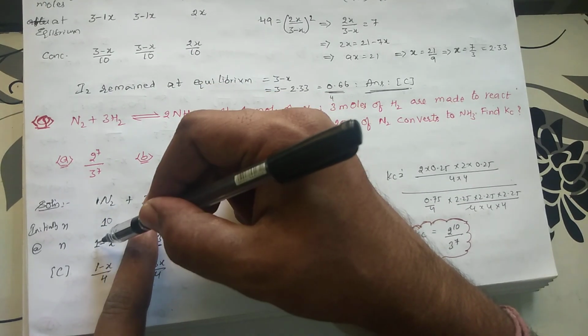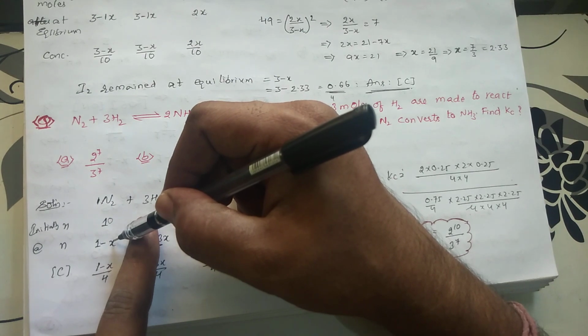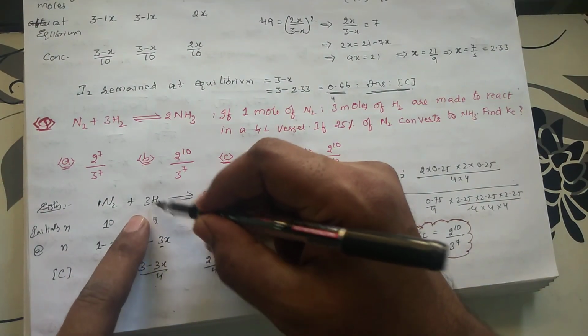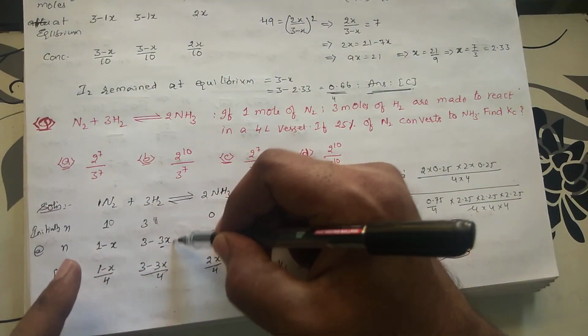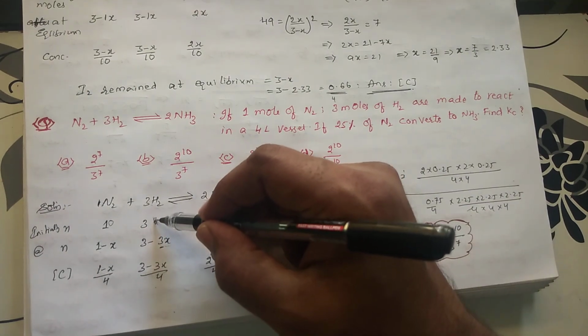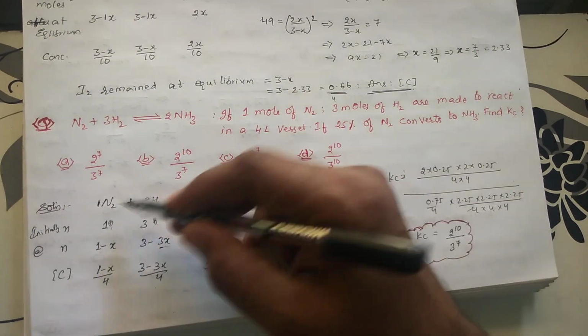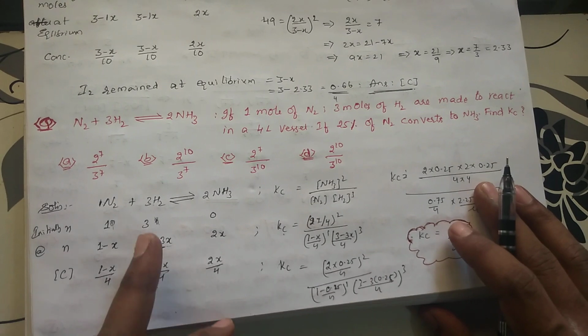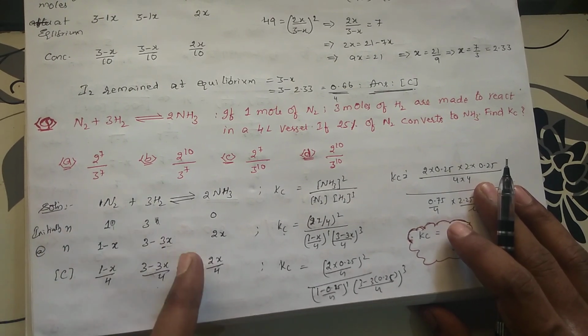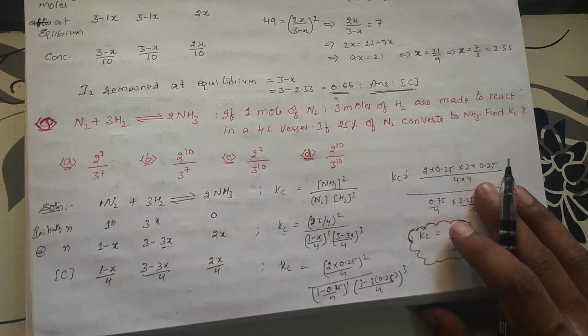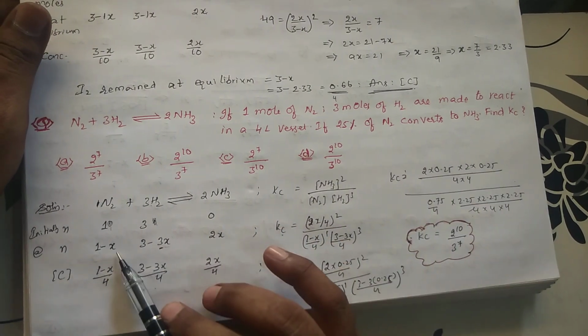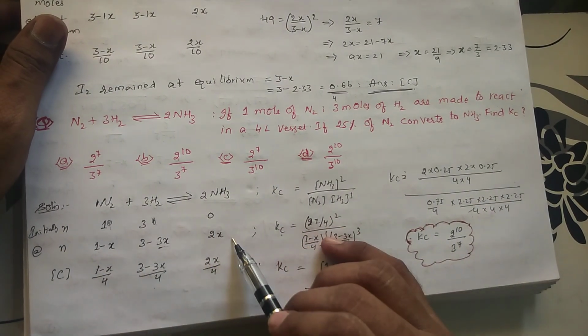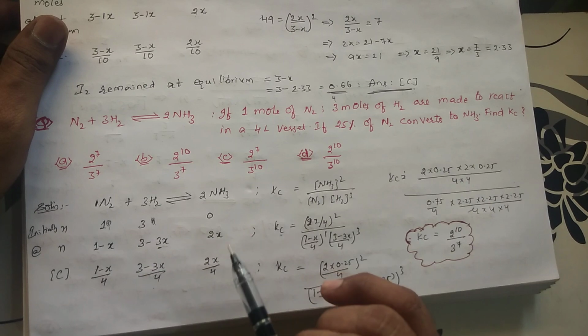So from 10 you are removing 1x. If you are taking 8 here, 8 minus 3x you are getting, because this 3 is from the stoichiometric coefficient. Accidentally we have taken 1 and 3 commonly here. Whatever you are taking, from that you will be removing 3 times of this one; this one is 1 time. So you are removing x, right? So that you will be getting 2 into x. This is the number of moles.